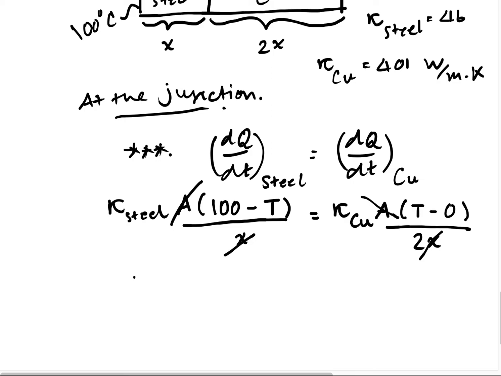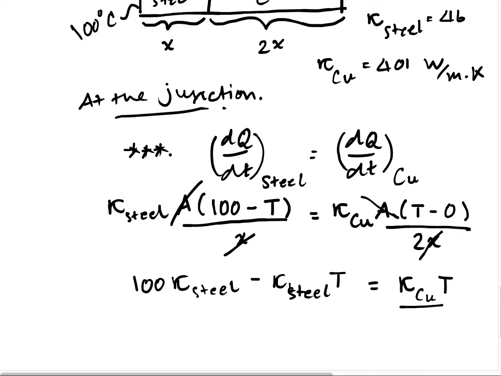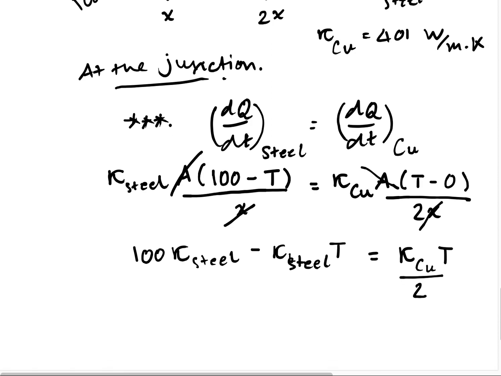Then you have 100 kappa steel minus kappa steel times T equals kappa of copper times T over 2. Again you need to do a little maths to get the temperature at the junction.